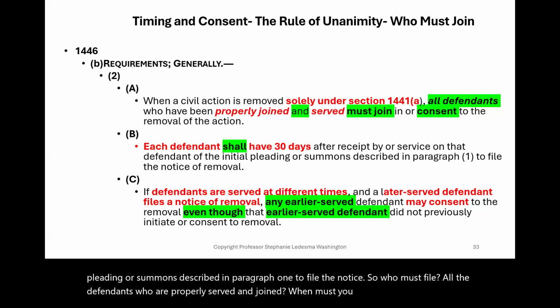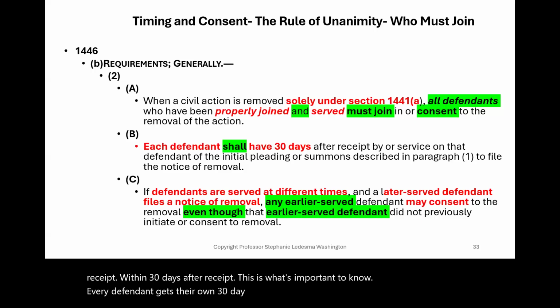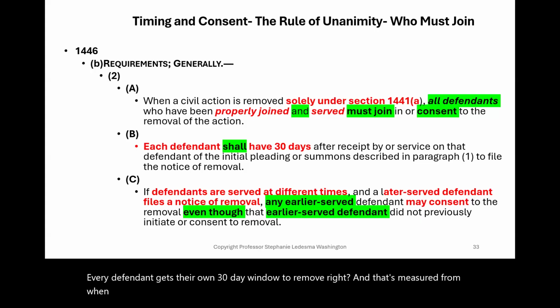Within 30 days after receipt. This is what's important to know: every defendant gets their own 30-day window to remove, and that's measured from when that particular defendant is served or receives the complaint.